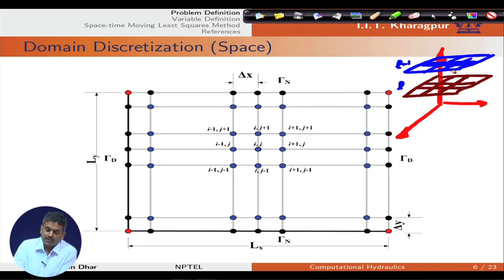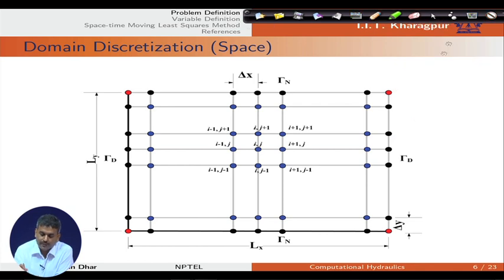So, it all depends on our temporal influence domain definition. If we define the temporal influence with a higher value, obviously we need to consider multiple time levels.